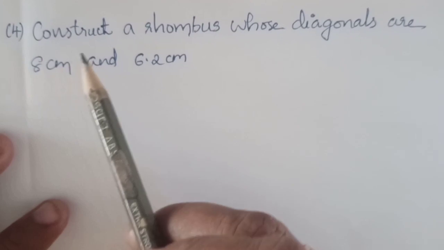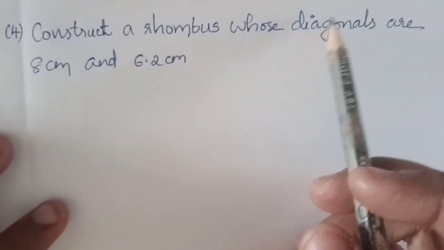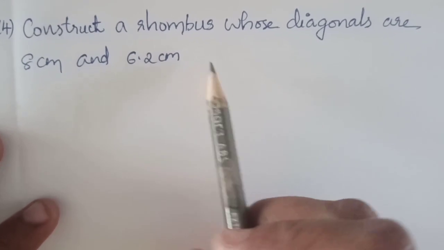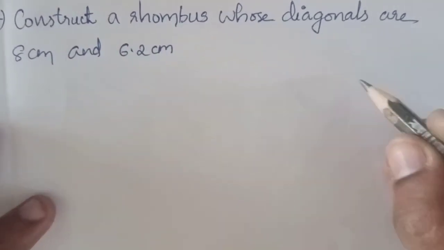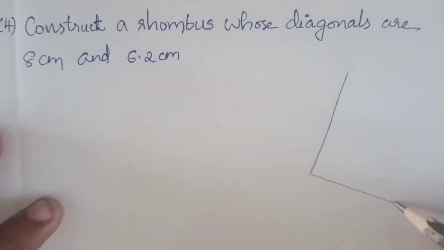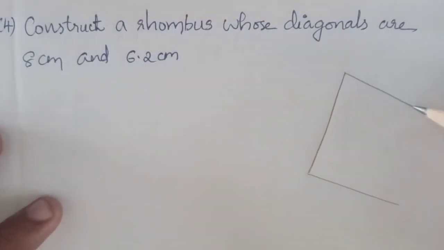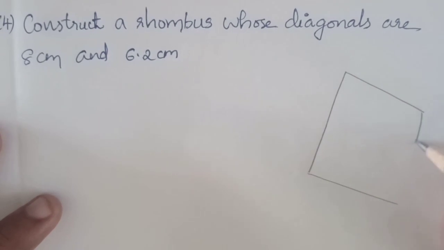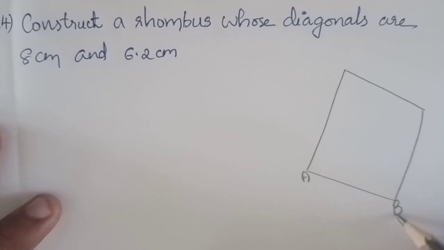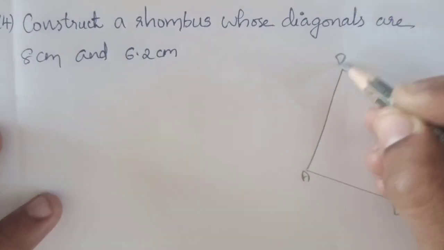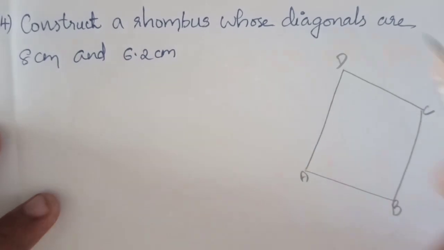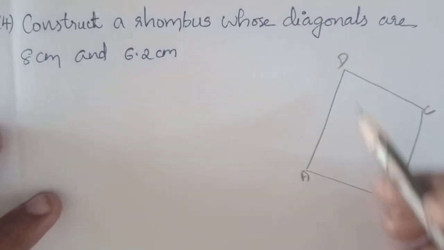Next, question number 4. Construct a rhombus whose diagonals are 8 cm and 6.2 cm. First, we will draw the rough figure. Rough figure: A, B, C, D. Here the diagonals are AC and BD.